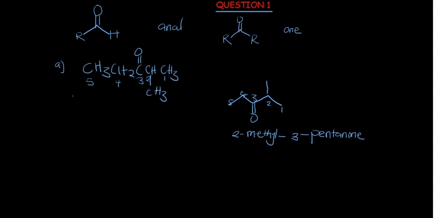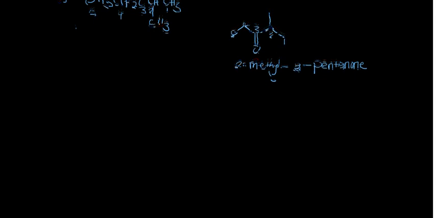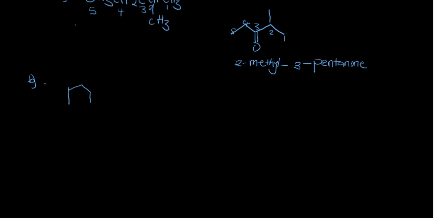Okay, then we move on to the next compound, which is B. So B was looking like this: CH2, CH2, CHO.